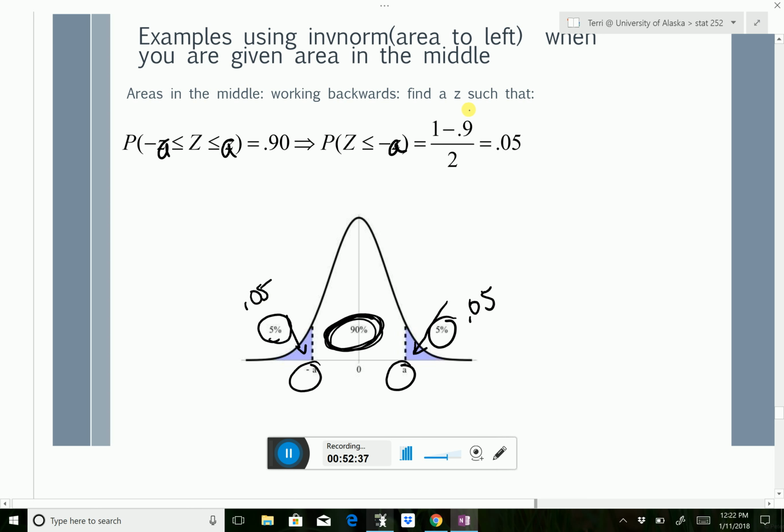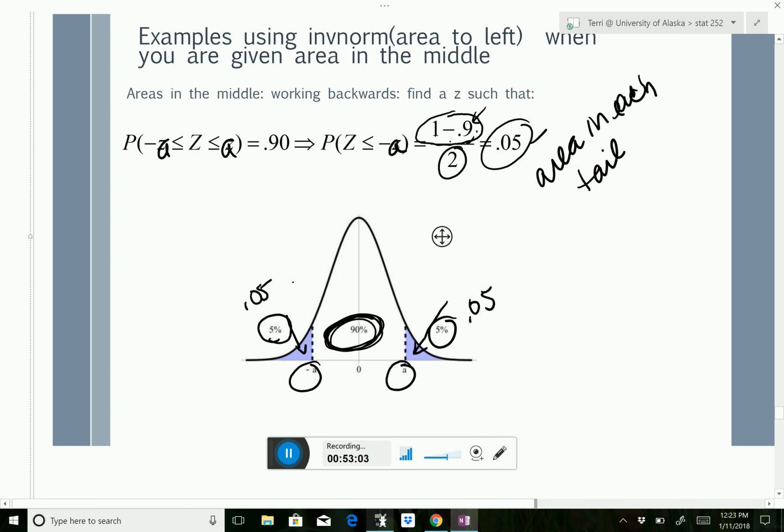You notice what I said up here, 1 minus alpha over 2. Okay, so I said 1 minus the area divided by 2. That's how I find my area in the tails. So this 1 minus 0.9 is my total tail area, divided by 2 to get my area in each tail is 0.05.